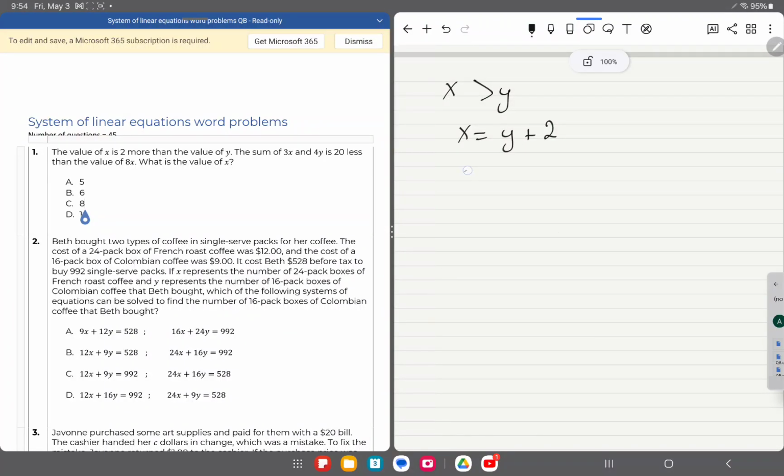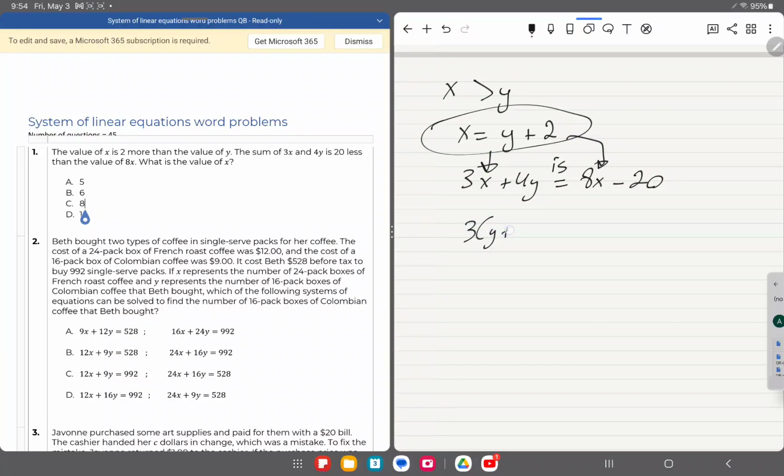Then they're telling us the sum of 3x and 4y is equal to 20 less than the value of 8x. So I'm going to substitute this equation here and here. 3 times y plus 2, plus 4y, is equal to 8 times y plus 2, minus 20.